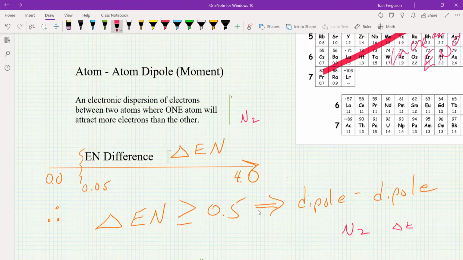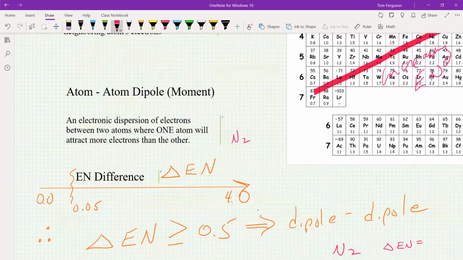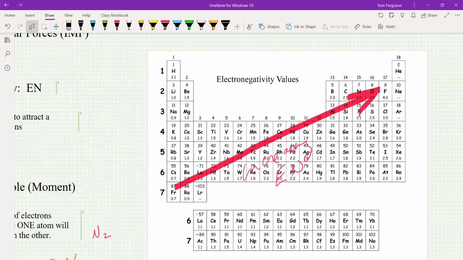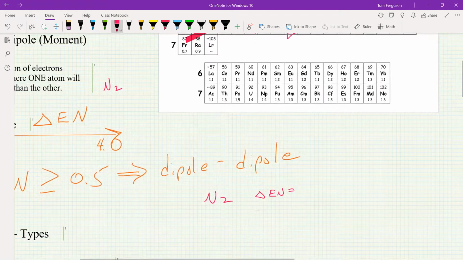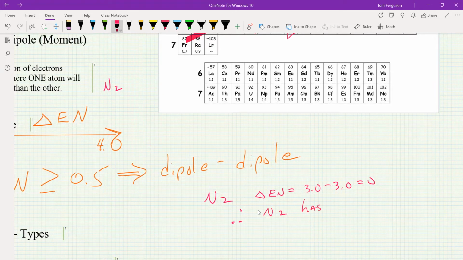So their difference in electronegativity is going to be 3 minus 3. So N2 has no dipole or dipole moment. That means it's a pretty non-polar molecule.